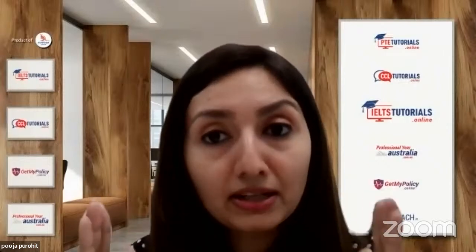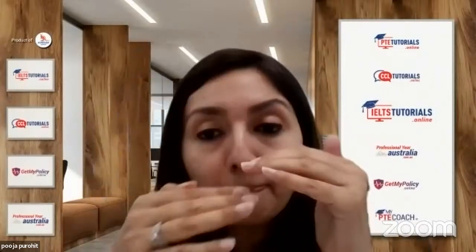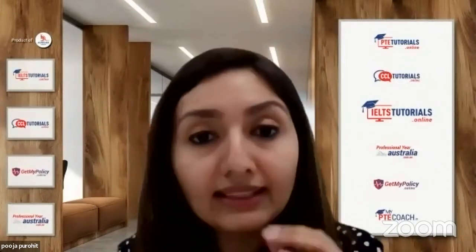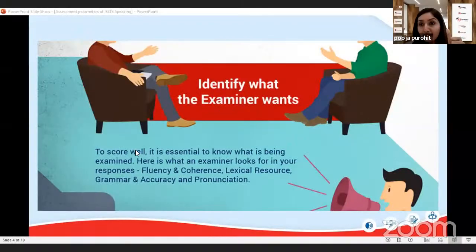So these signposts, if you use, they help to keep the complete flow of your thoughts structured. And this is what you need to take care of in your fluency and coherence parameter.